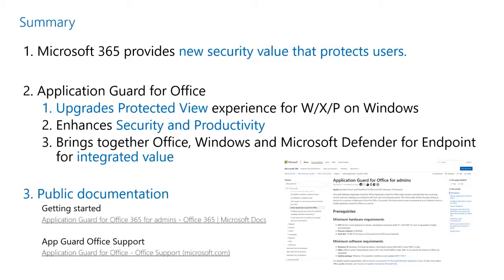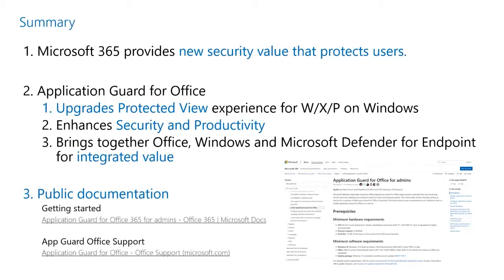The same set of files which used to open in Office Protected View will now open in Application Guard for Office. By all means, it enhances security. It provides enhanced security to your end users for their desktops, and it provides out-of-the-box editing, printing, and all the common functions which a user may want to do on a document.